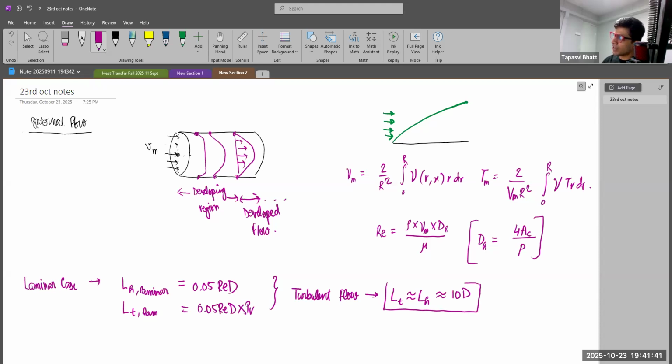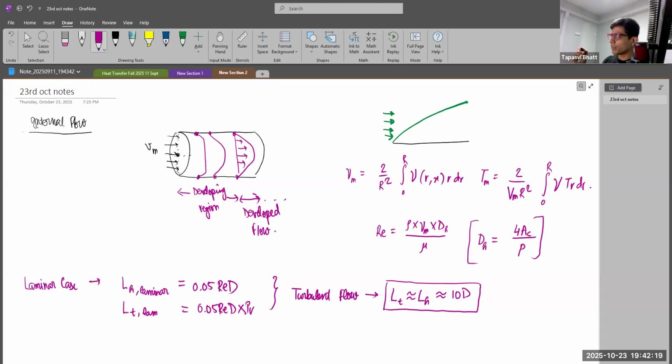So even in simulation environments, let's say you're using ANSYS Fluent and you want to simulate the flow of fluid inside a pipe, even if you're taking a 2D case, generally we assume that if you want to start calculating properties such as Nusselt number inside the flow, you calculate after a certain length, which is 10 times the diameter. After that, it is safe because the flow has fully become developed. Before that, it's difficult; the Nusselt number might be relatively very high because the flow has not yet developed. But after this, it becomes developed.